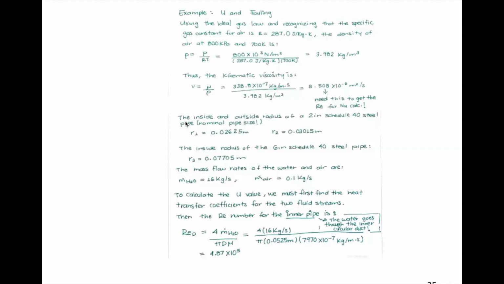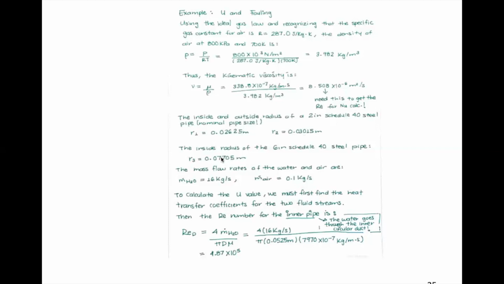So the inside and outside radius of a 2-inch Schedule 40 steel pipe, the nominal size, can be found from tables. The inside radius of this 2-inch pipe is 0.02625 meters, and the outside is 0.03015 meters.